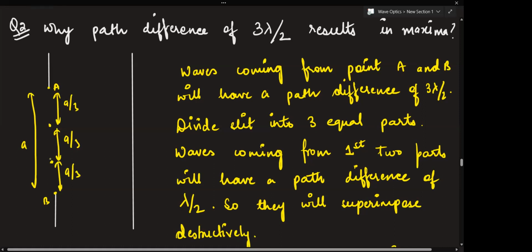The path difference between two corresponding points of the first two parts will be lambda by 2, similar to the previous case. So the wavelets from these points will interfere destructively. But this is left: the wavelet from the third part of the slit will contribute some intensity, and that's how it forms the secondary maximum. So the intensity of the secondary maximum is much less than that of the central maximum.